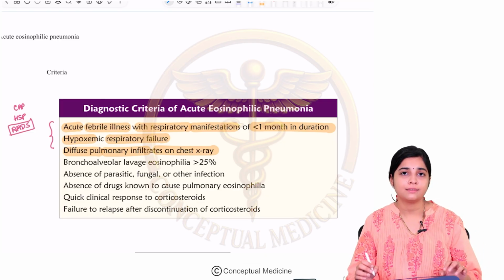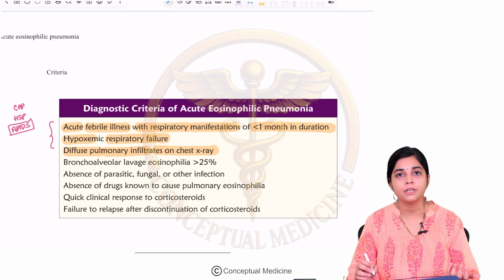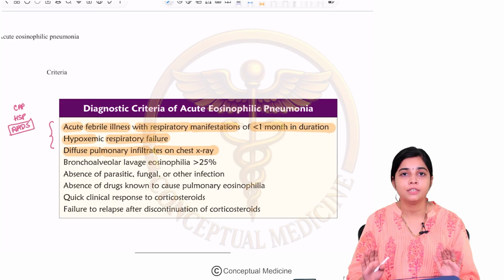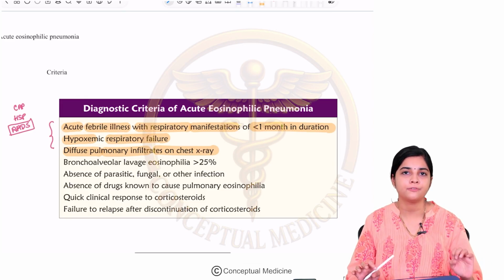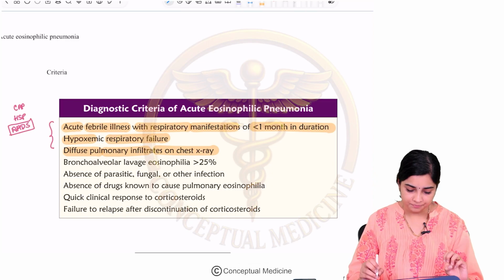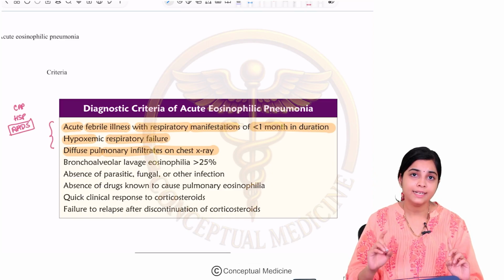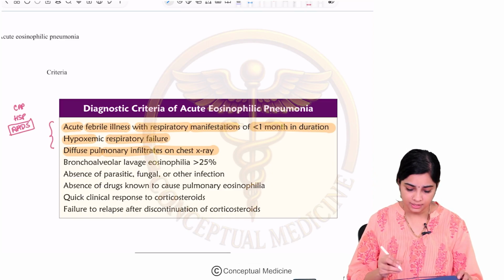But if you just look at the history, the progression, and X-ray will just show diffuse pulmonary infiltrates, it is quite difficult to just diagnose this as an acute eosinophilic pneumonia with just these 3 symptoms, right? Because it is a great mimicker of a lot of other lung conditions. So what is the highlighting feature of your acute eosinophilic pneumonia?